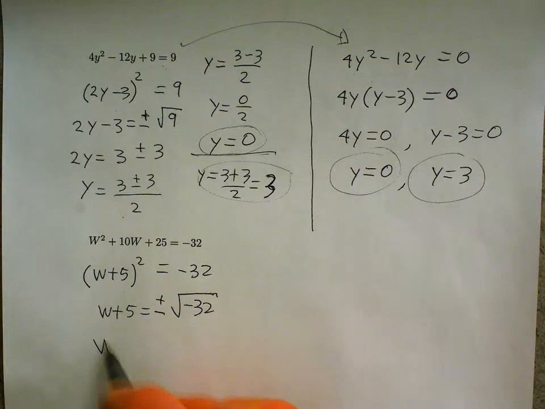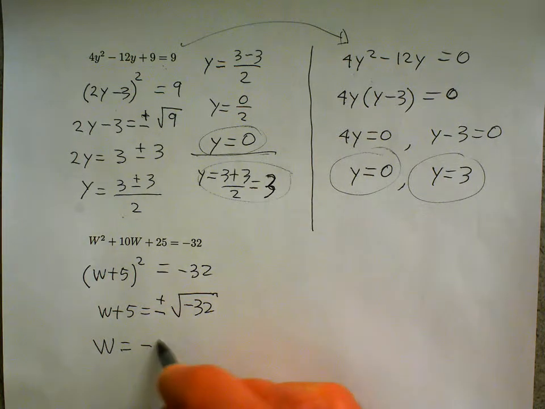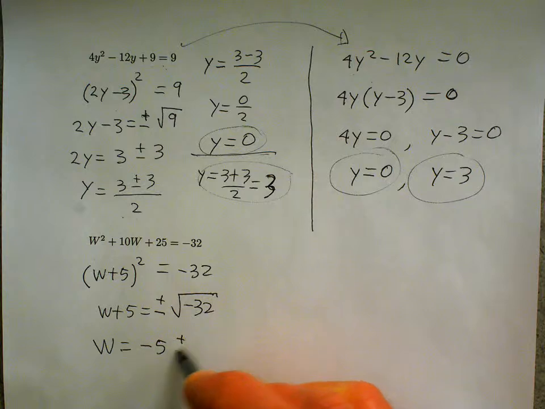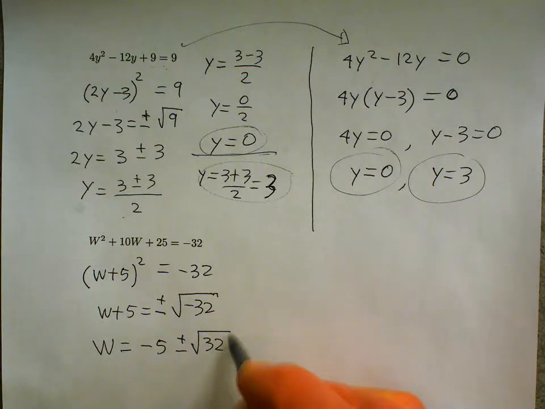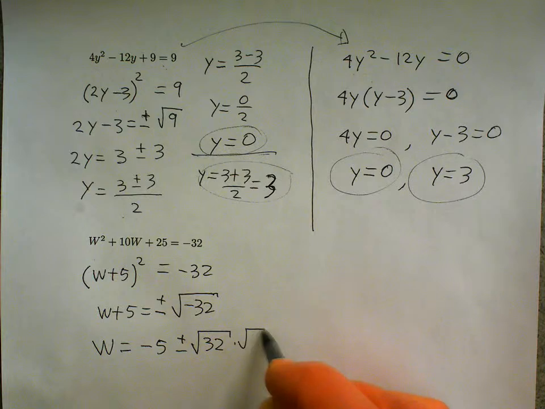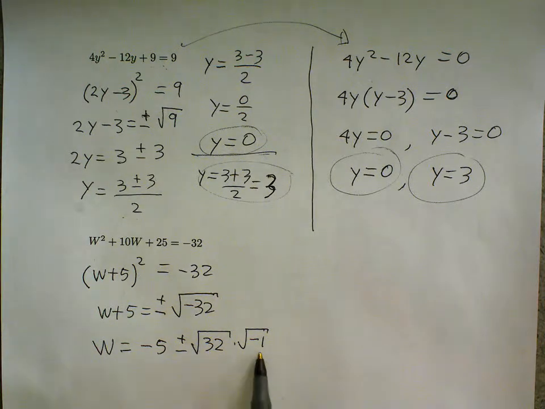We get w equals negative 5 plus and minus the square root of 32 times the square root of negative 1. We will replace the square root of negative 1 with i, and we can also simplify the square root of 32.